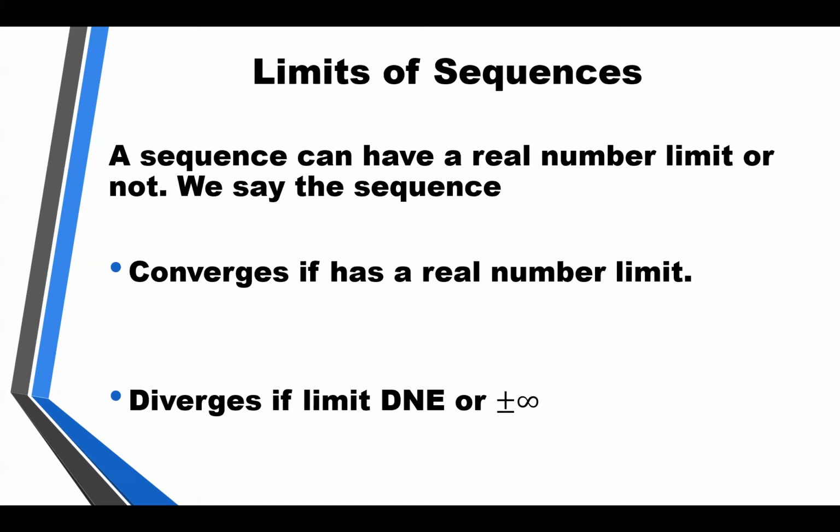And we say the sequence diverges if the limit of the sequence either does not exist or is positive infinity or is negative infinity. So if the limit doesn't exist, or if it's plus or minus infinity, then the sequence diverges. So converges means has a real number limit. Diverges means the limit does not exist or goes off to infinity.